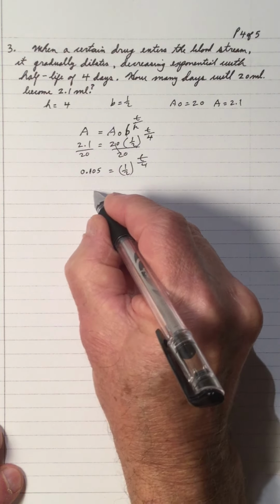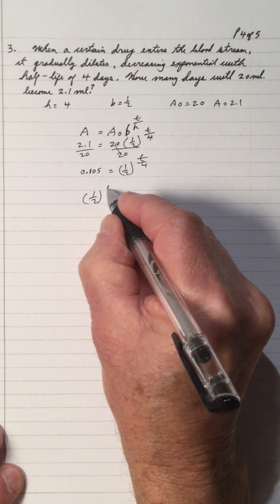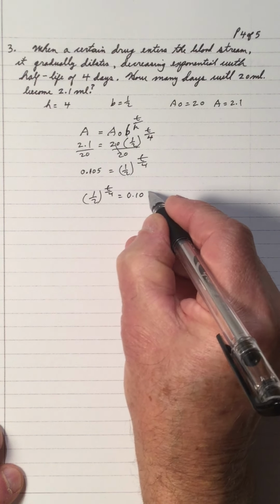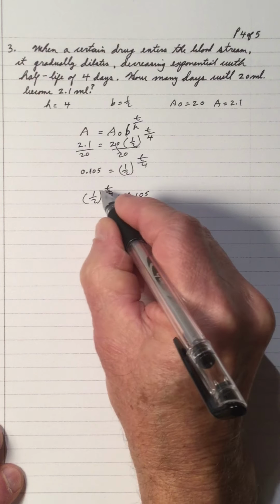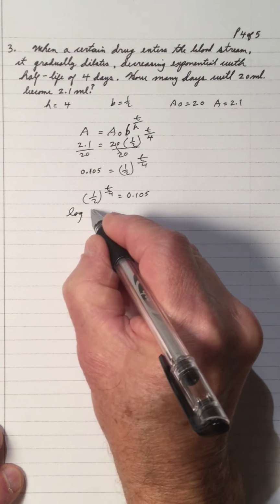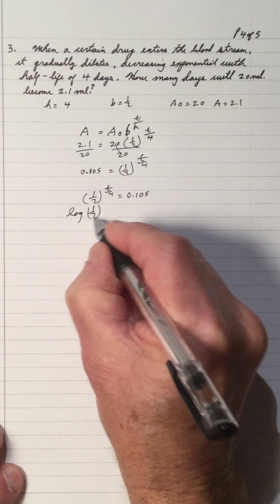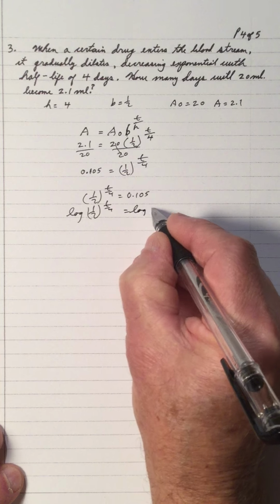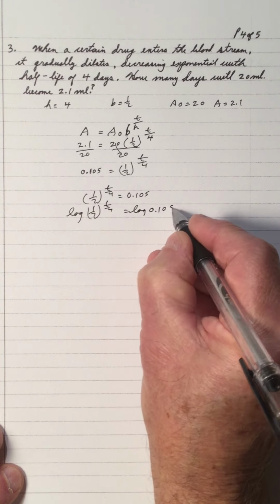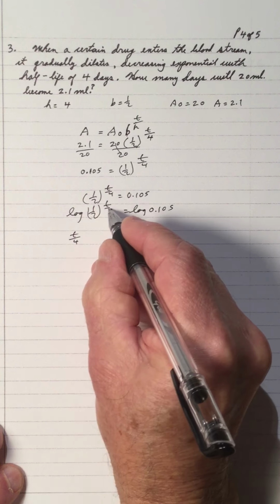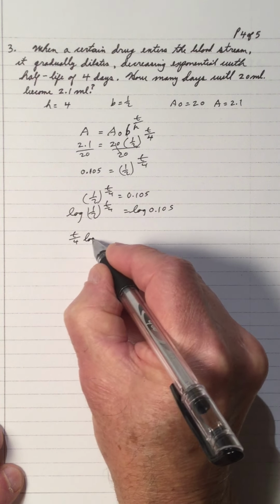I like to have the exponential with the power on the left, and we do the log of each side. The power or exponent goes in front of the log.